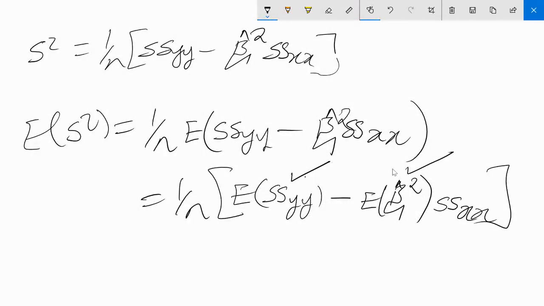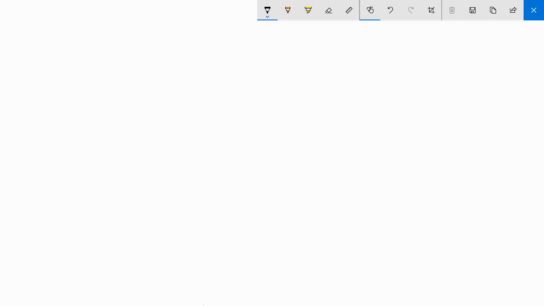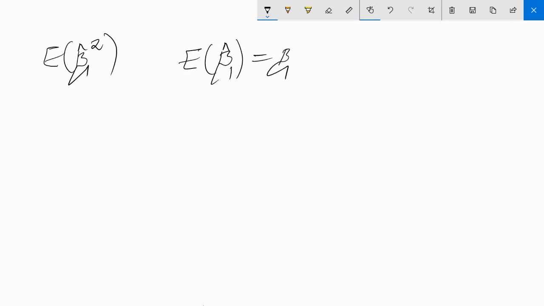I'm erasing everything, but you know that I'm going to find the expected value of beta 1 hat squared. And I know, because we proved this last week, that the expected value of beta 1 hat is equal to beta 1, and the variance of beta 1 hat is equal to sigma squared over SSXX.